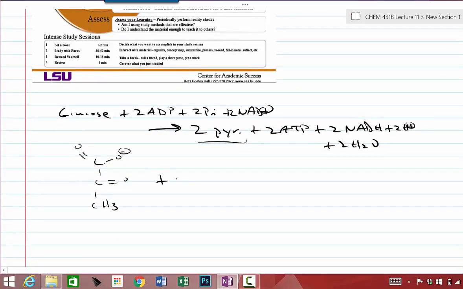And then it can react with NADH plus a proton, and will create lactic acid or lactate.